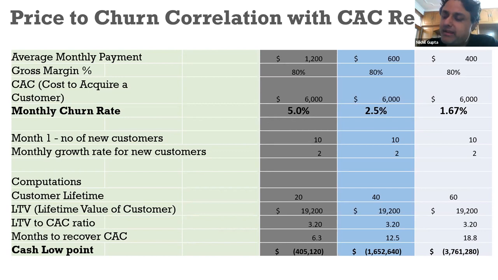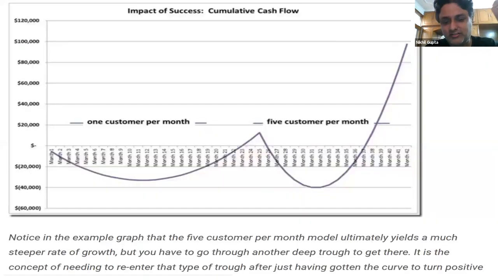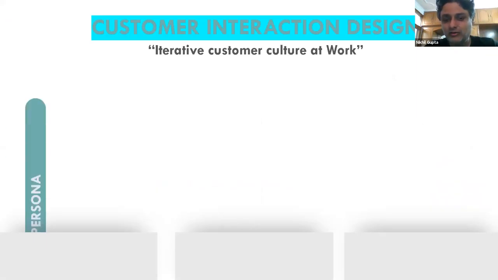And your break-even points will shift. And the more the break-even point shifts, you are going to get into problems. So, moral of the story is everything is interconnected. This churn rate, this LTV, your gross margins, all are interconnected to your interaction dynamics and experience. You cannot just have one in isolation of the other.